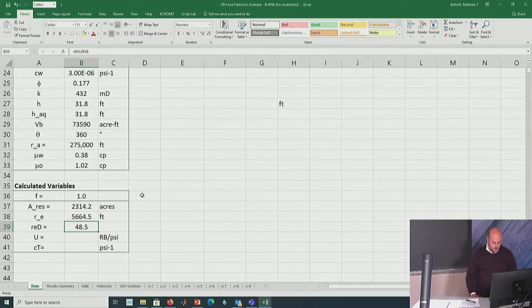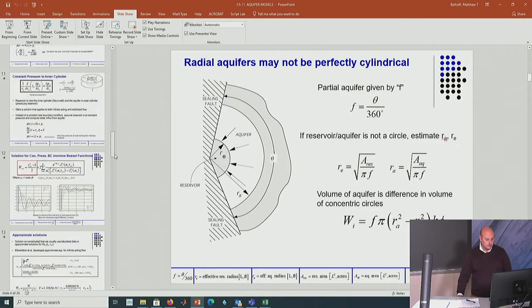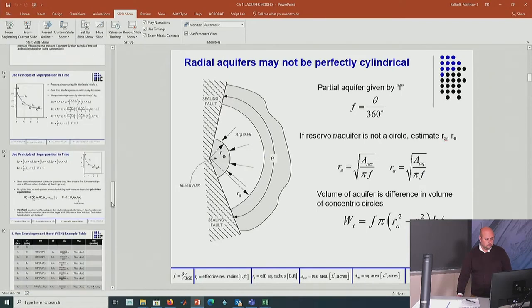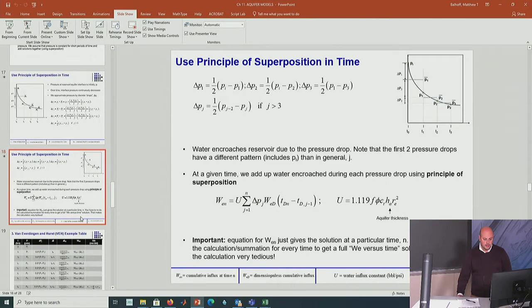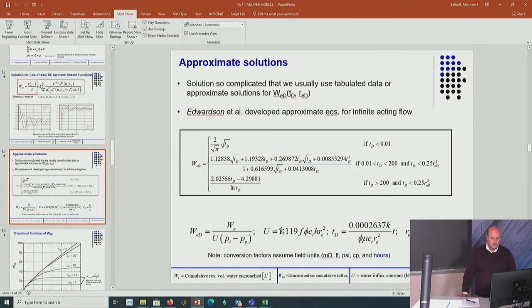And then what about U? The formula for U was given in a couple of places. It was given on slide 18, and I think it might have been also on 13. It says 1.119 F times porosity times total compressibility times thickness times the reservoir radius squared.